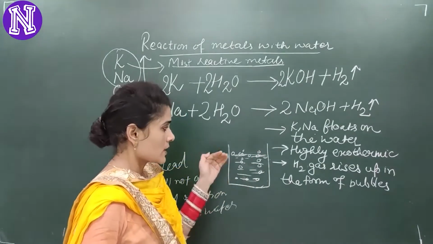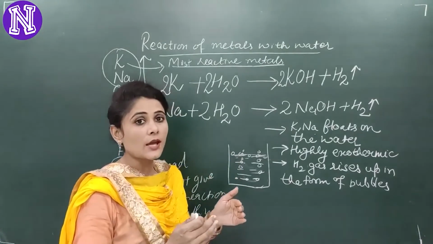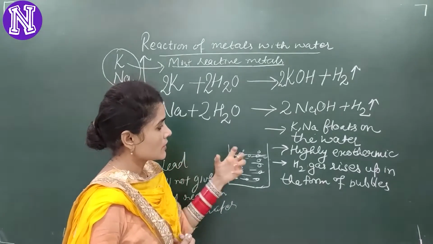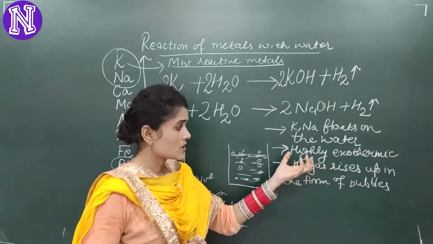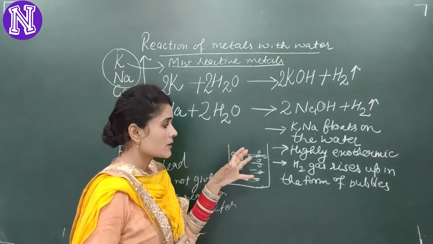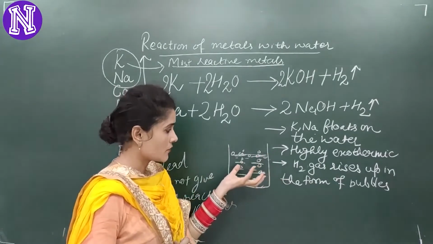When hydrogen gas comes in contact with oxygen, it catches fire. Why does it catch fire? Because in this reaction, a lot of heat is produced. Because this reaction is highly exothermic, due to that heat, hydrogen gas starts burning and catches fire.